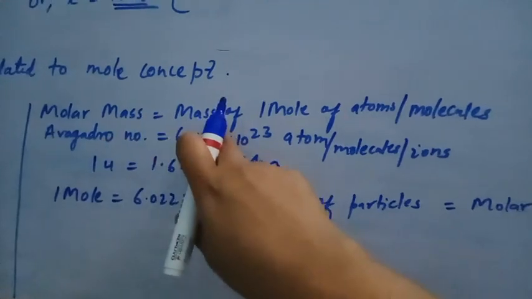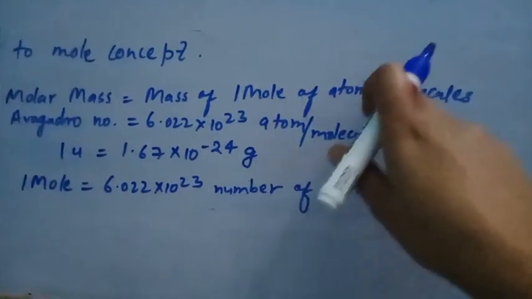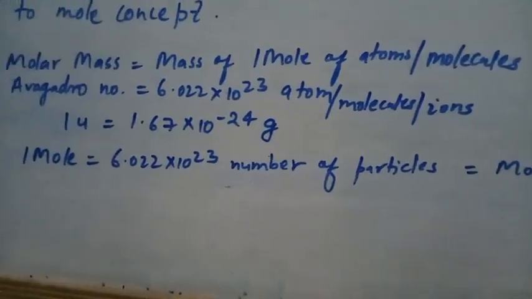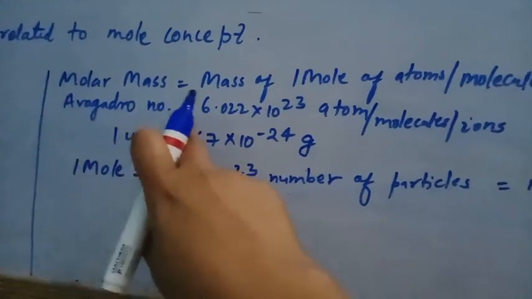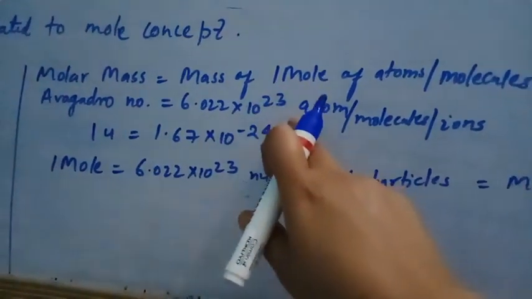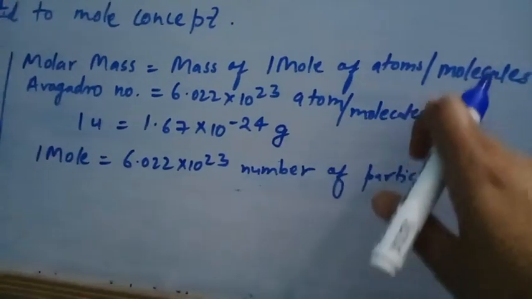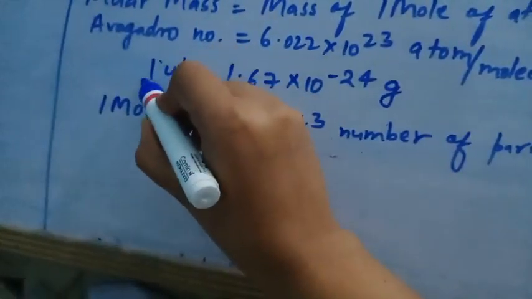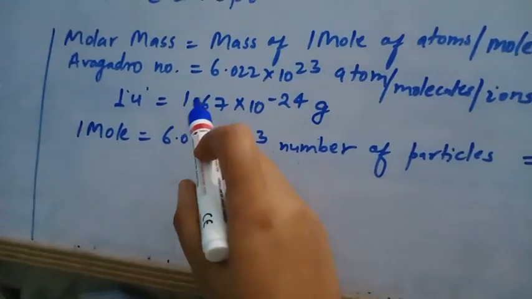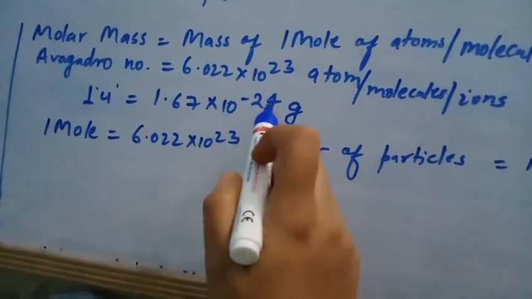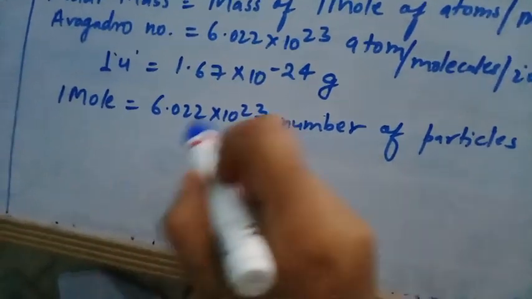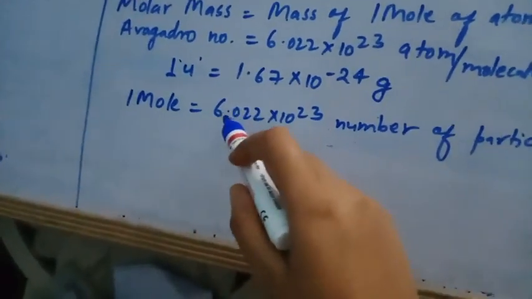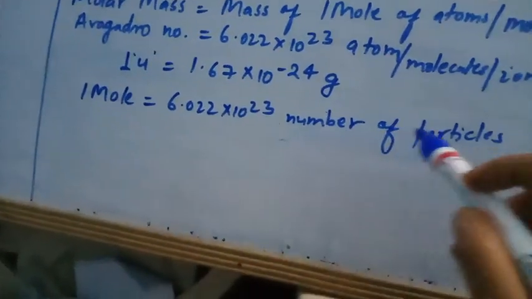Those who have not written, just make a note of that. Molar mass is equal to the mass of 1 mole of atoms or the mass of 1 mole of molecules. Now Avogadro number is equal to 6.022 into 10 to the power 23 atoms or molecules or ions or any particles. Now 1 U is equal to 1.67 into 10 to power minus 24 grams. 1 U means 1 AMU. Now 1 mole is equal to 6.022 into 10 to power 23 number of particles.